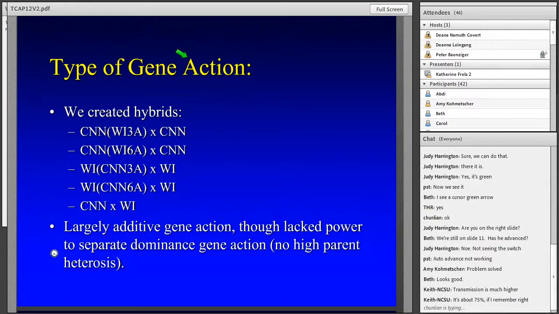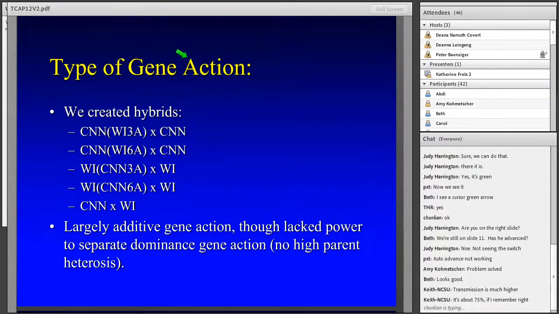And what we discovered is, first of all, we lacked power, because even though they made a lot of seed, we didn't make enough seed that we could really do multiple trials. And we didn't have a lot of entries, you might say. But what we found is that none of the hybrids were significantly different from the mid-parental value, which would say additive gene action.